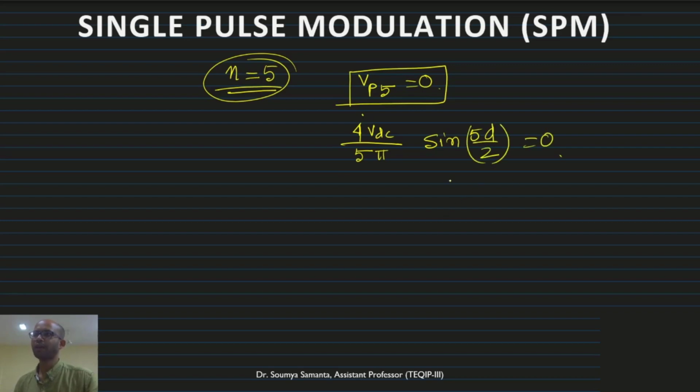So d equals 2 by 5 into sine inverse of 0. Sine equals 0 for 0 to pi, so n pi. That is how you can find it.